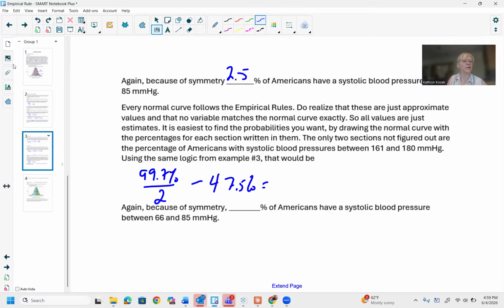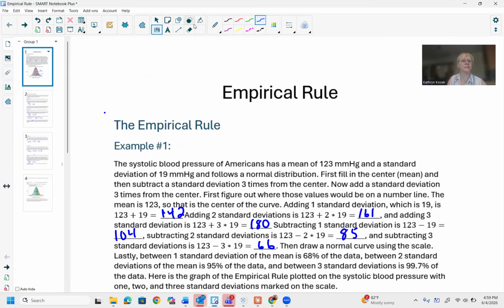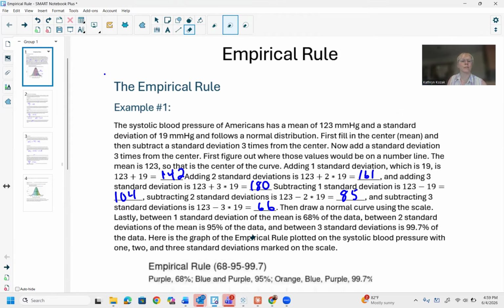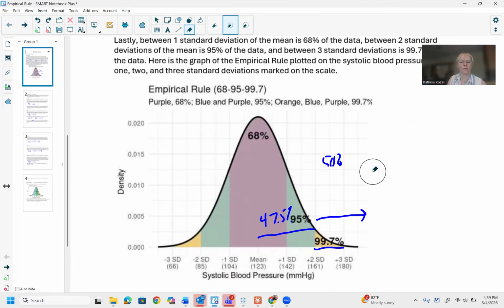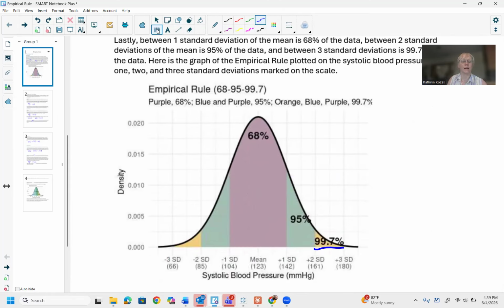Again, going back to our picture, I know that this region here, from here to here, and from here to here, is the 99.7%.